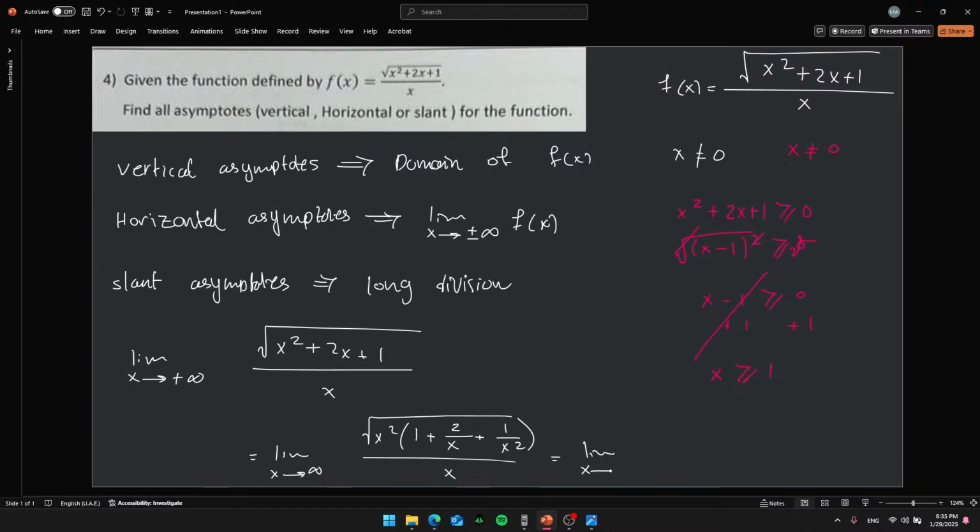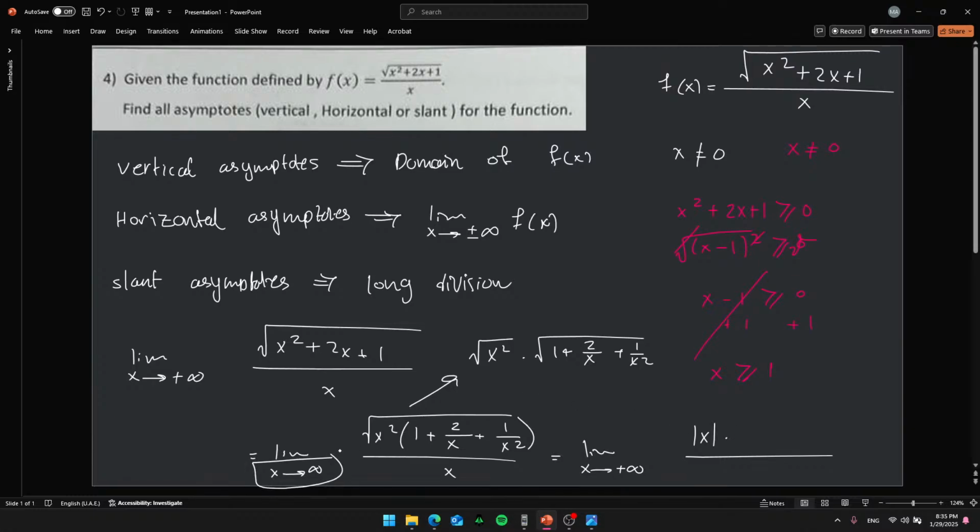Then the limit as x approaches positive infinity. And you can split them into radical x squared times radical 1 plus 2 over x plus 1 over x squared. And radical x squared is simply the absolute value of x.